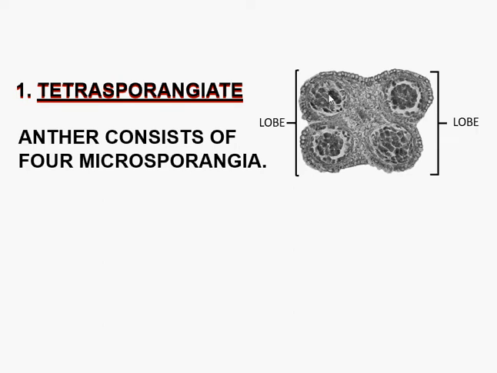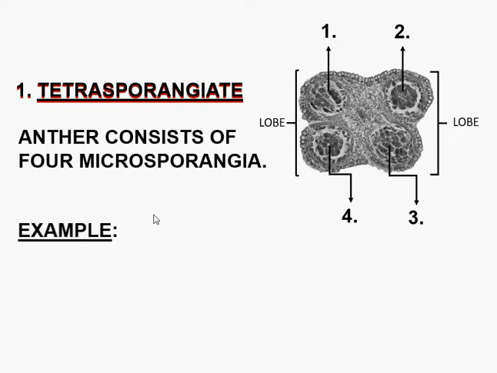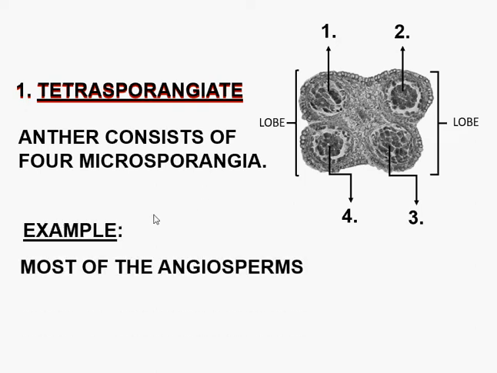So this is microsporangium 1, microsporangium 2, microsporangium 3, microsporangium 4. So the anther consists of 4 sporangia, hence the anther is called tetrasporangiate. Example: most of the angiosperms have this tetrasporangiate anther.